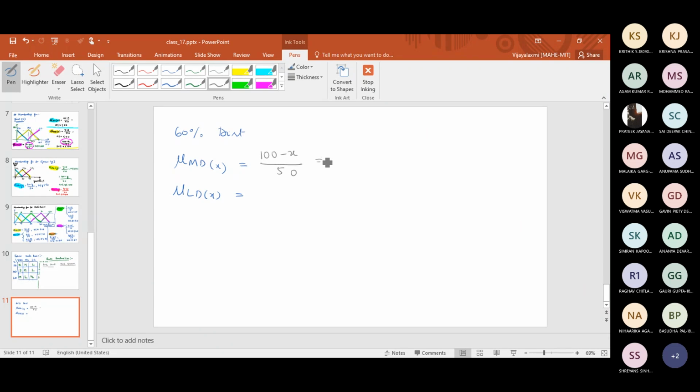Here I'll substitute 100 minus 60 by 50, which is equal to 40 by 50, that is 4 by 5. For mu LD, x minus 50 by 50, I'll substitute 60 minus 50 by 50. This will be 1 by 5.